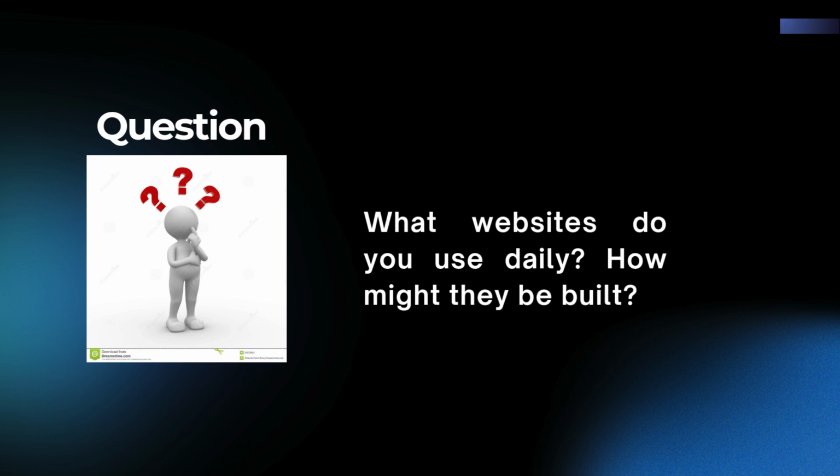It depends on what you always read. Personally, I can't miss opening my mail, and I'll see what's happening on Facebook, what's trending on X. So what do you think they might have used to build it? You can see how complex it is. That's where we will be heading by the end of this particular unit.